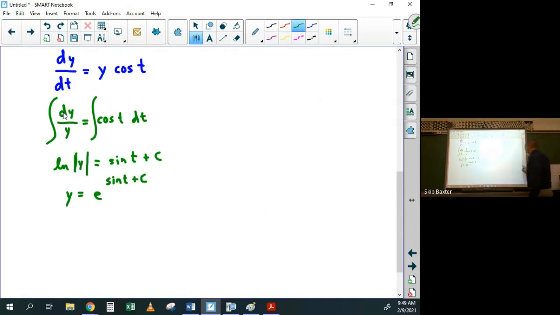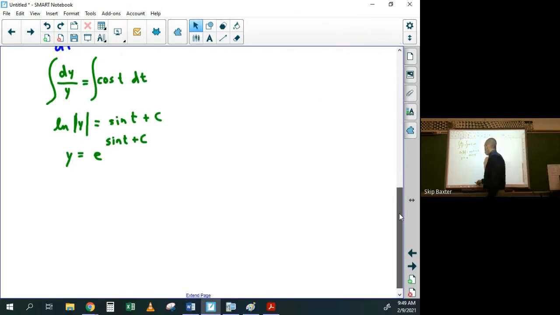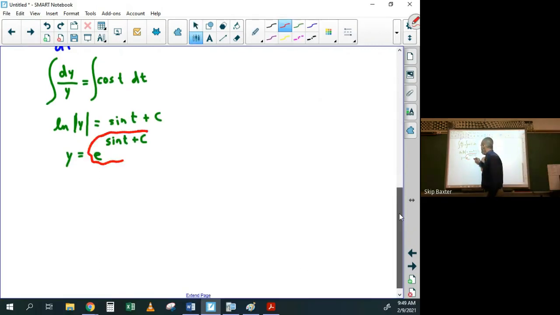Now sometimes they'll take this type of expression and simplify it like this. They'll think of this as e to the sine t times e to the c, right? That's the same thing. When you multiply two exponentials with the same base, you add their exponents, right?